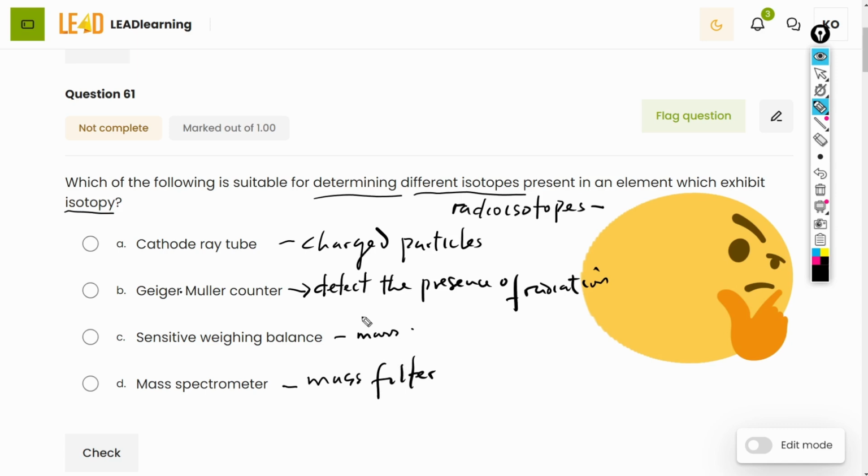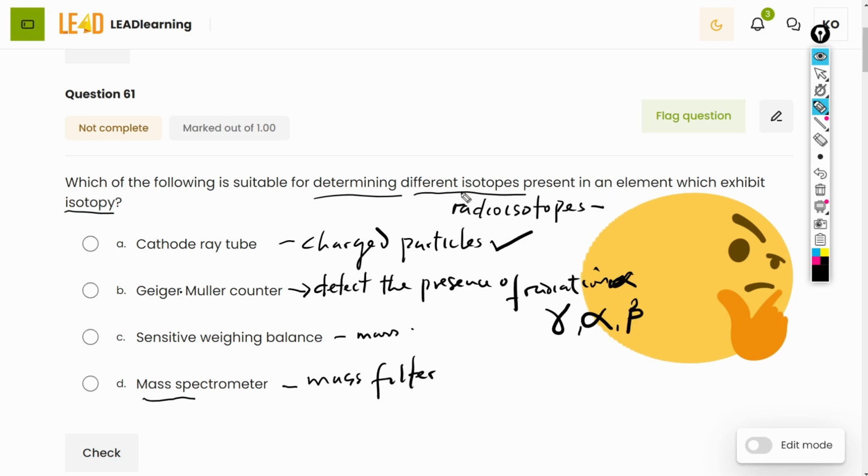So our correct answer in this case is the option D, the mass spectrometer, for the following reasons. The cathode ray tube is used to detect the presence of charged particles. The Geiger-Muller counter is used to detect the presence of radiations like gamma radiations, alpha radiations, and beta radiations.